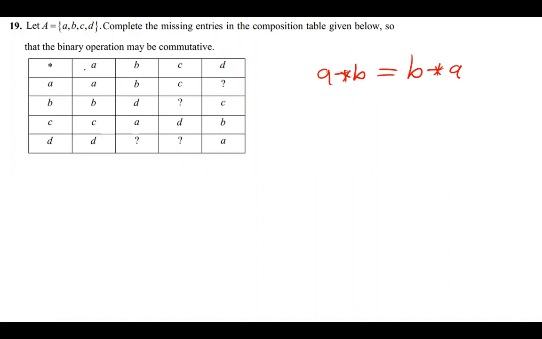So in this case, let's say A star D is giving us the answer D. If D star A is giving us D, it means that A star D should also give us D. Let us try to check it.